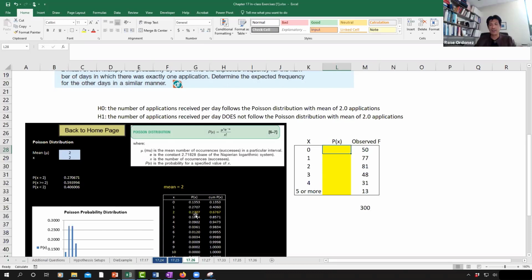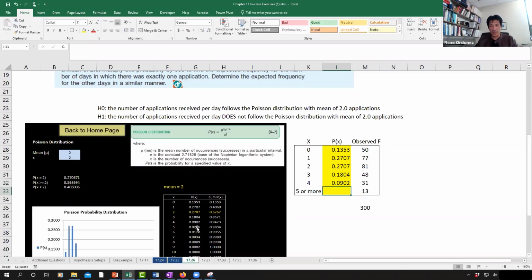Okay, correct, right? So this one is 0.1353, and then 0.2707, and then 0.2707. 3 is 0.1804. 4 is 0.0902. And then 5 or more.